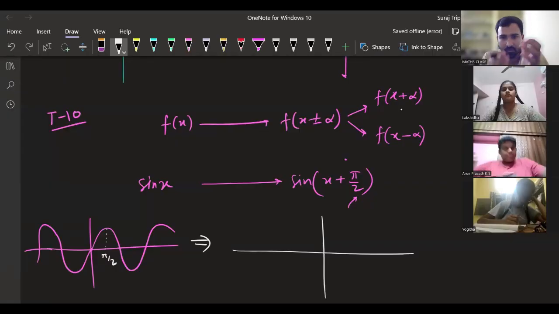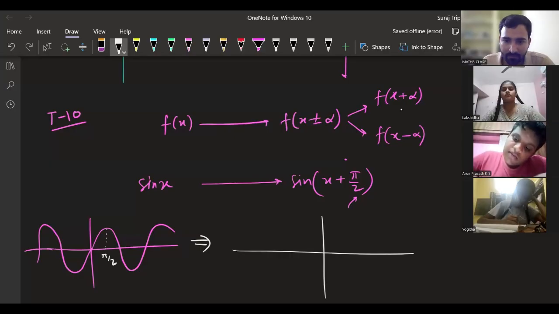So that also we can say the origin, the y-axis, we are shifting towards the right side. That means this origin or the y-axis will shift towards the right side. So the new graph will be like this.